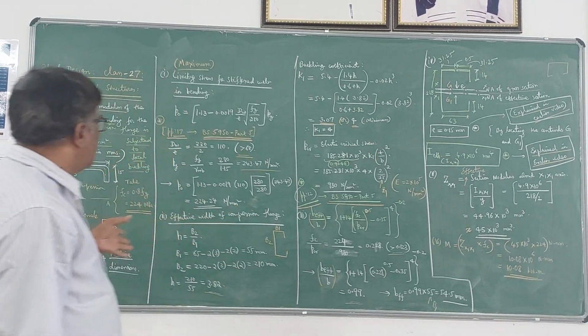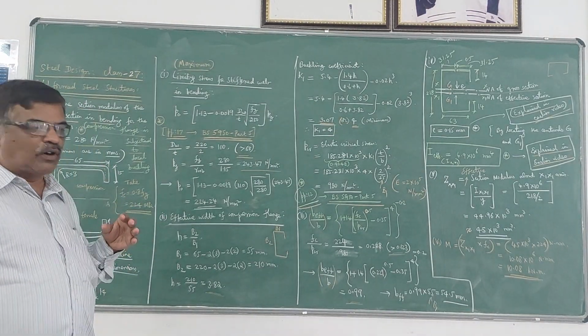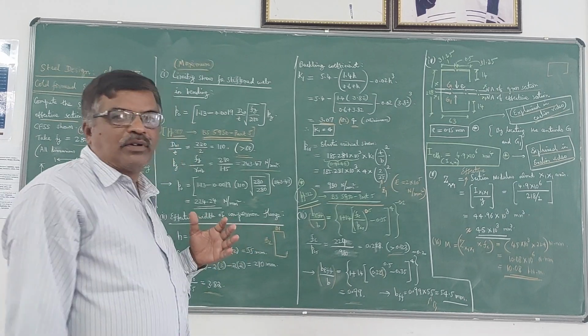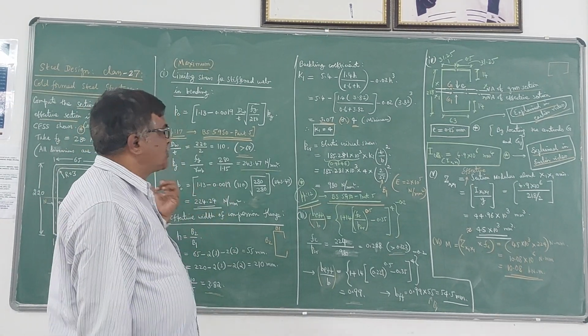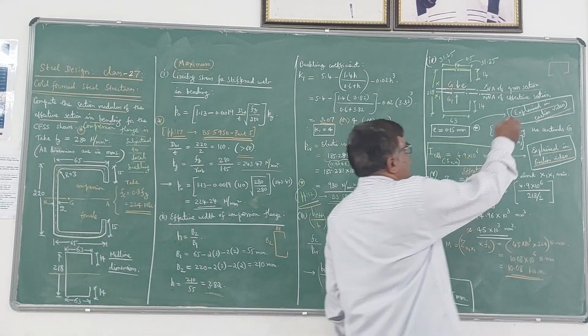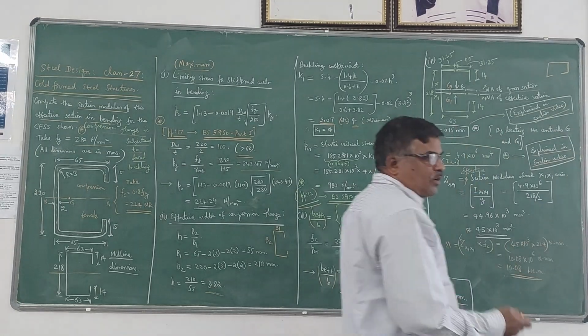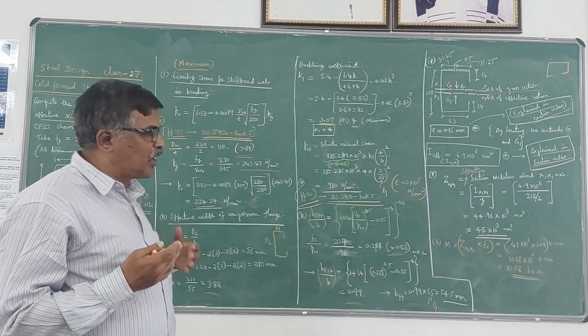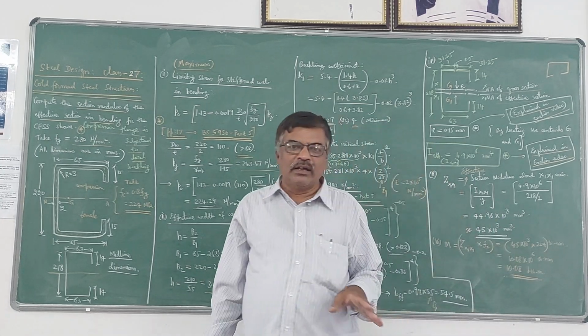So this is how we can compute the effective section modulus for a given cold formed steel section. Two problems I explained, one for the C section, another for this type. In the examination, they may ask you to find the section modulus, or the moment carrying capacity, or the load that can be applied.